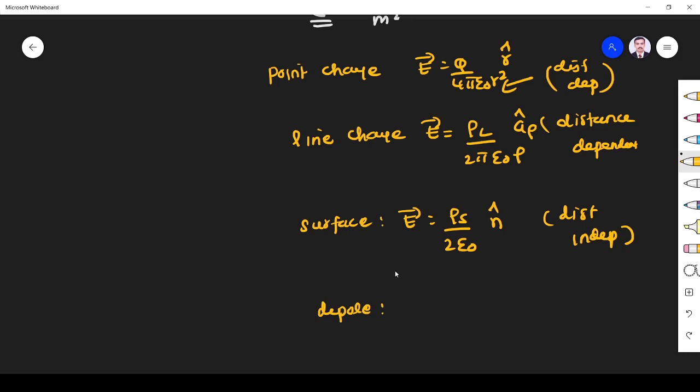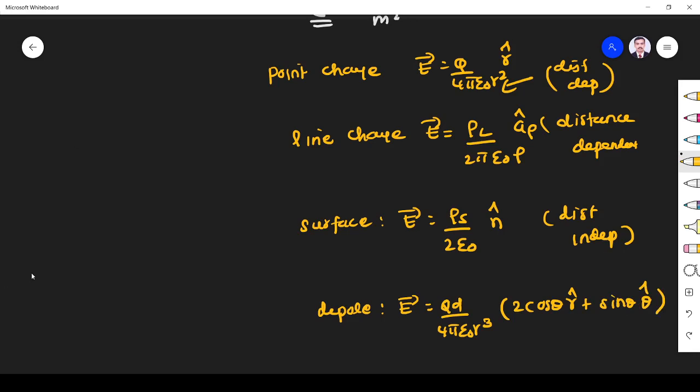Electric field due to dipole is given by E is equal to Q d divided by 4 pi epsilon naught R cube, into 2 cos theta r cap plus sin theta theta cap. So this is the electric field due to dipole.